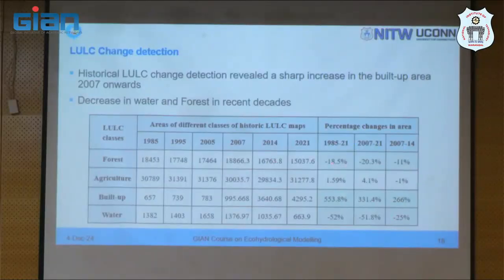Your forest declined close to 20% in all the time steps, but the water bodies are the ones which declined the most. Almost there was a 50% decrease in the water bodies in the land use land cover in this particular basin. And that decrease, as I said, might be because of cutting out of the feeder channels to your lakes, and also because of the natural changes in your precipitation.